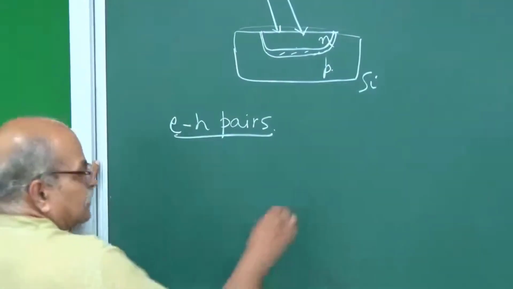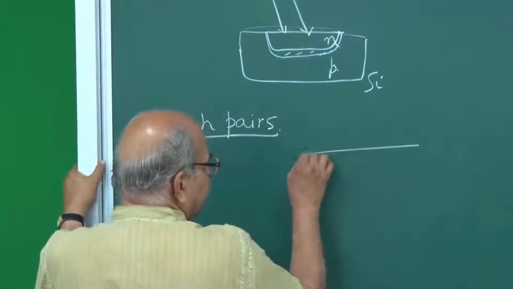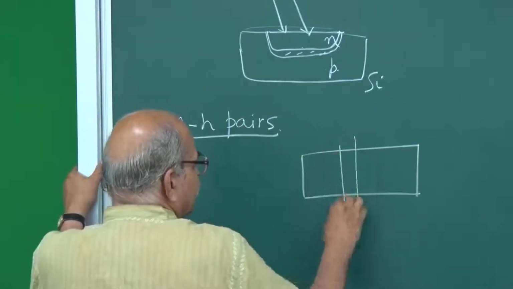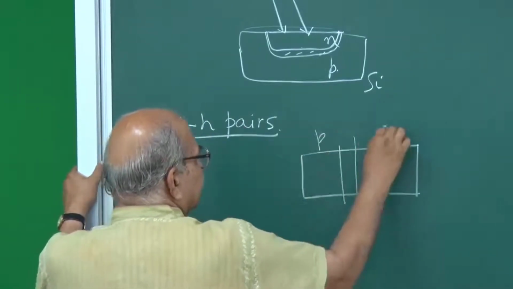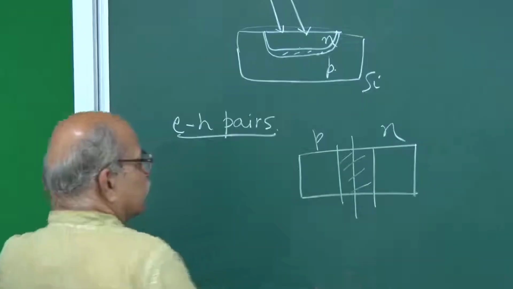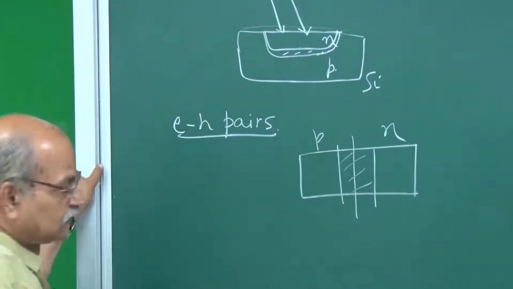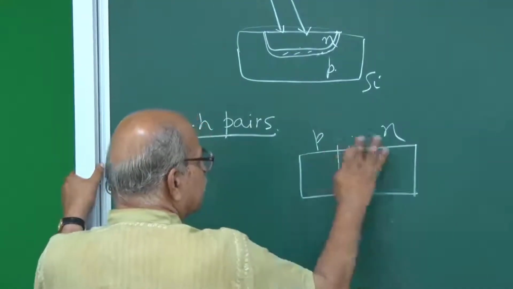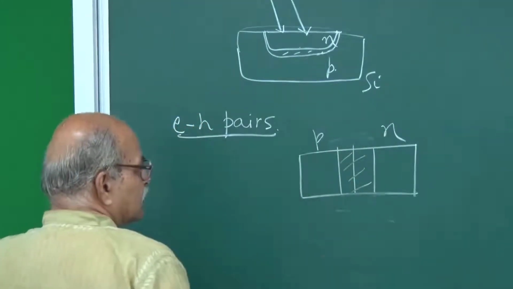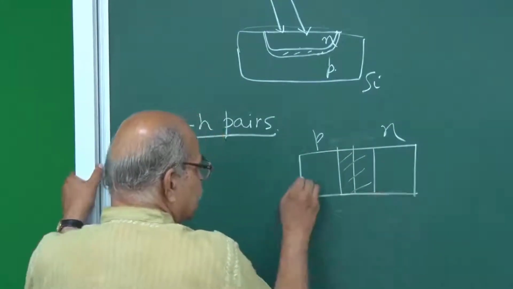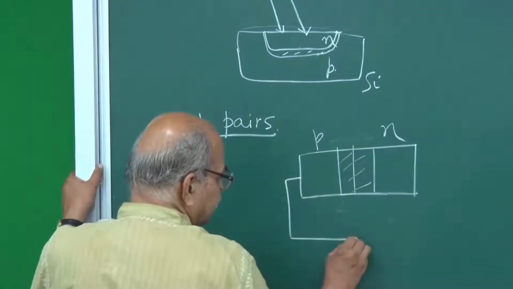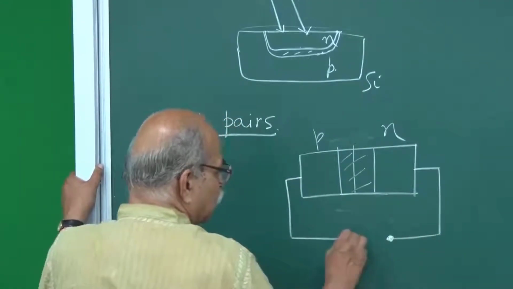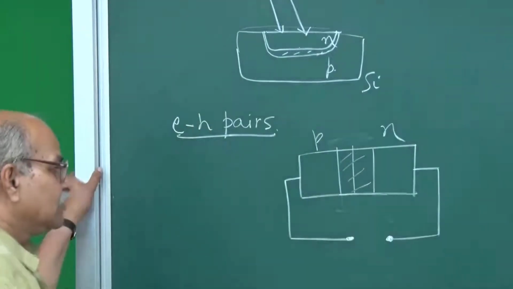So let us draw our typical diagram that we have been drawing for the PN junction: P side, N side, and depletion layer. You have the internal voltage, potential barrier, and all those things, and let us say we just keep it open, nothing added to it.